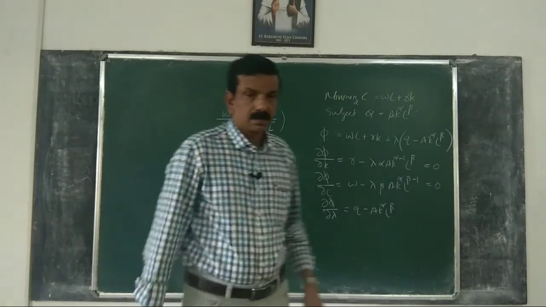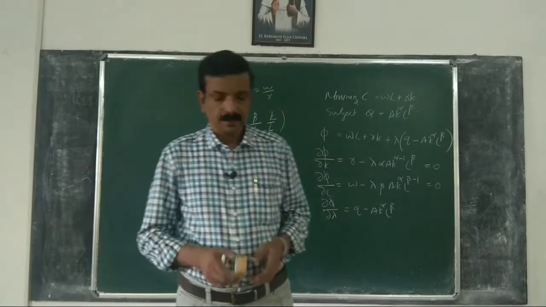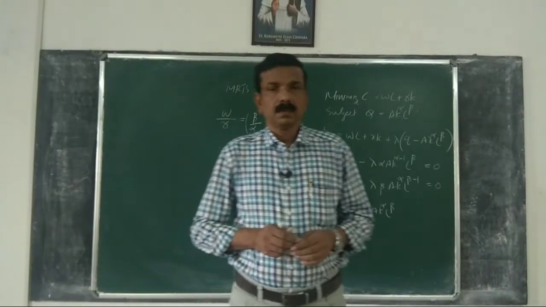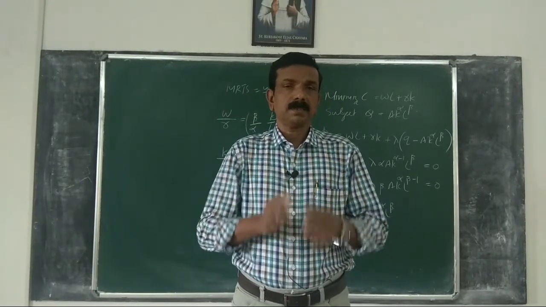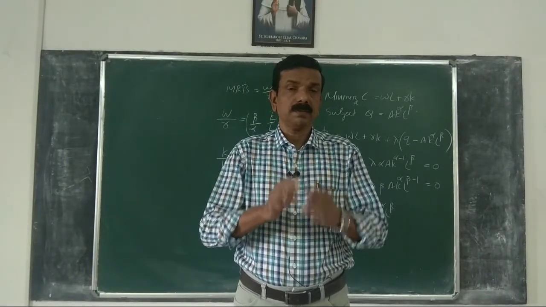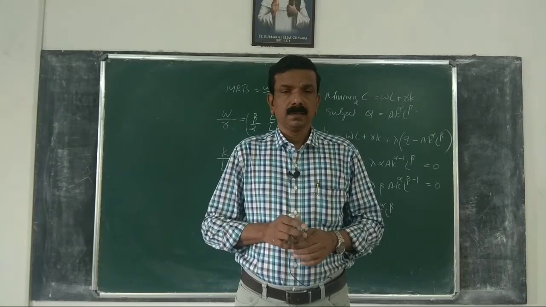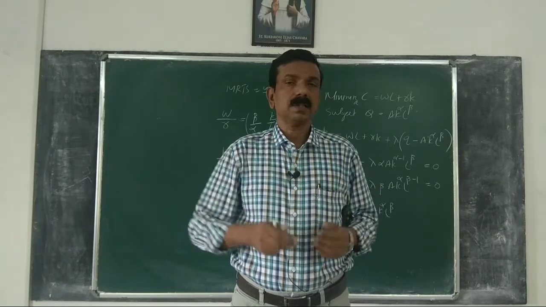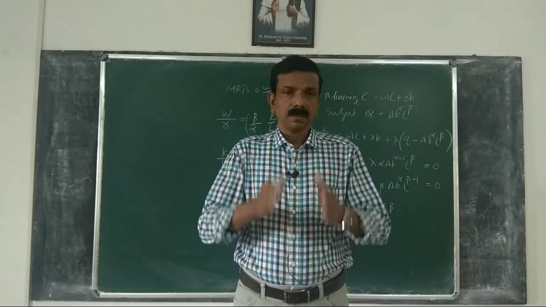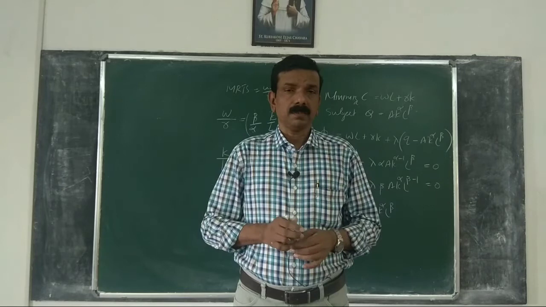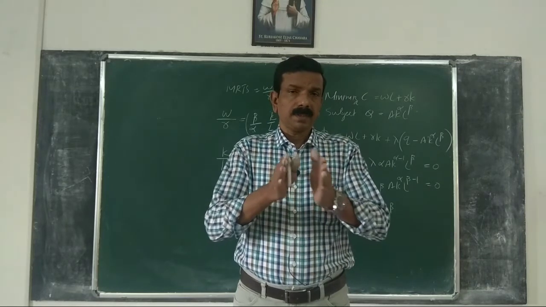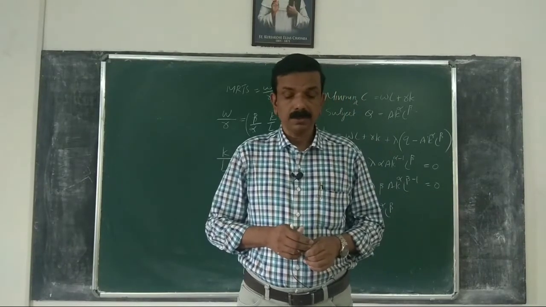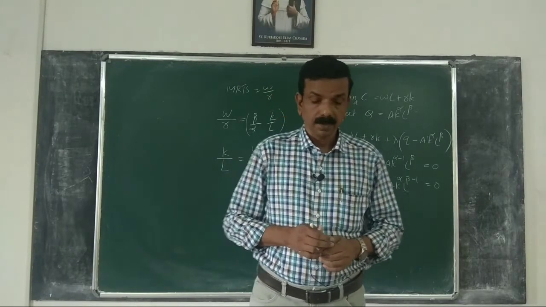Now, as I have told you earlier, if a production function is homogeneous, the expansion path generated by such a production function will be a straight line. It means that when the firm expands the scale of operation, purchasing more units of capital and labor, the capital labor ratio will remain the same.